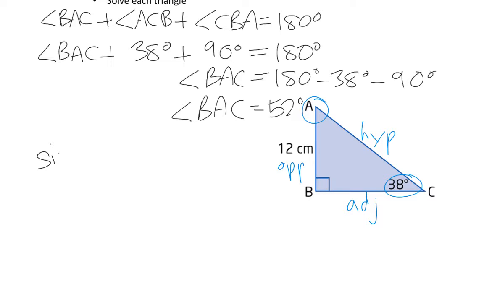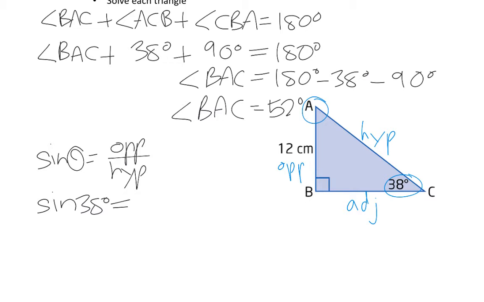So I'm going to write down sine theta is equal to opposite over hypotenuse. So I know the angle is 38 degrees. I know the opposite side is 12 centimeters, and I don't know the hypotenuse. So I'm going to call this hypotenuse, or you can call it AC. I'm just going to leave it as hypotenuse.